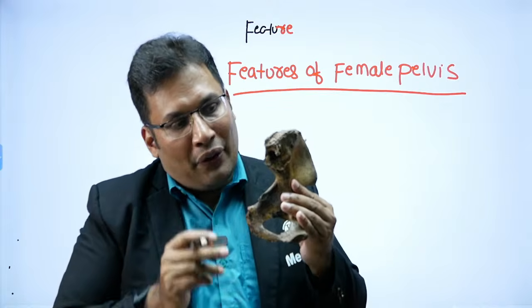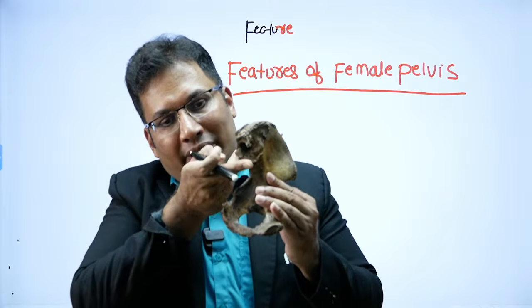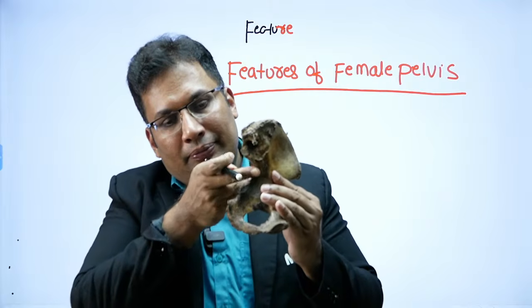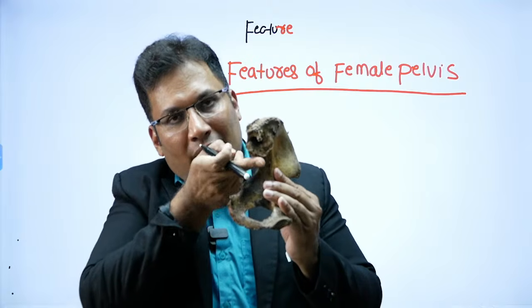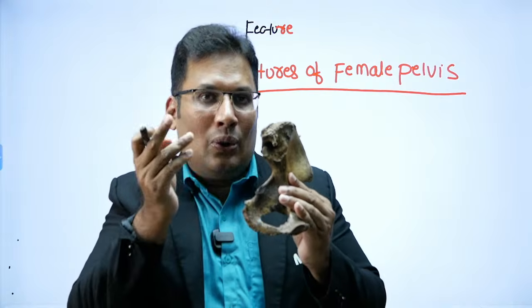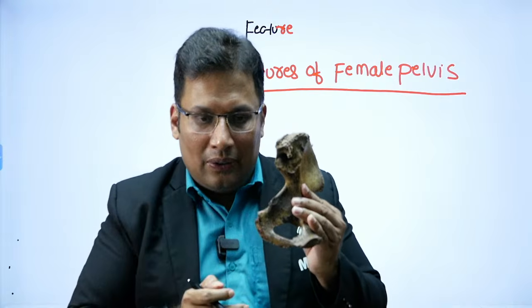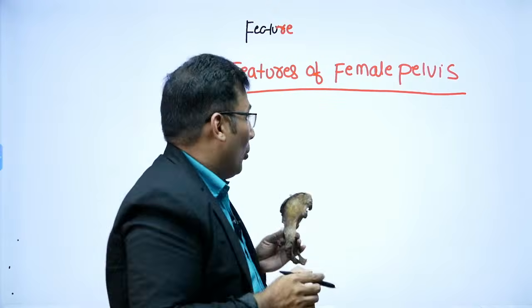You need to answer. Now look at this. What is this basically? Just concentrate on the video, you will come to know. So this is point number one. What you can see here is the sciatic notch. Can anyone identify? Yes, the first point, sciatic notch, a very important point.